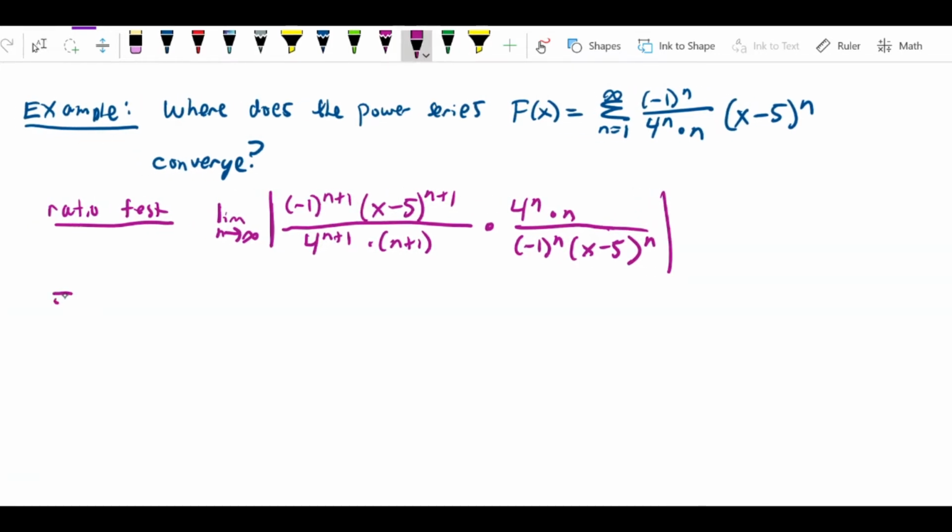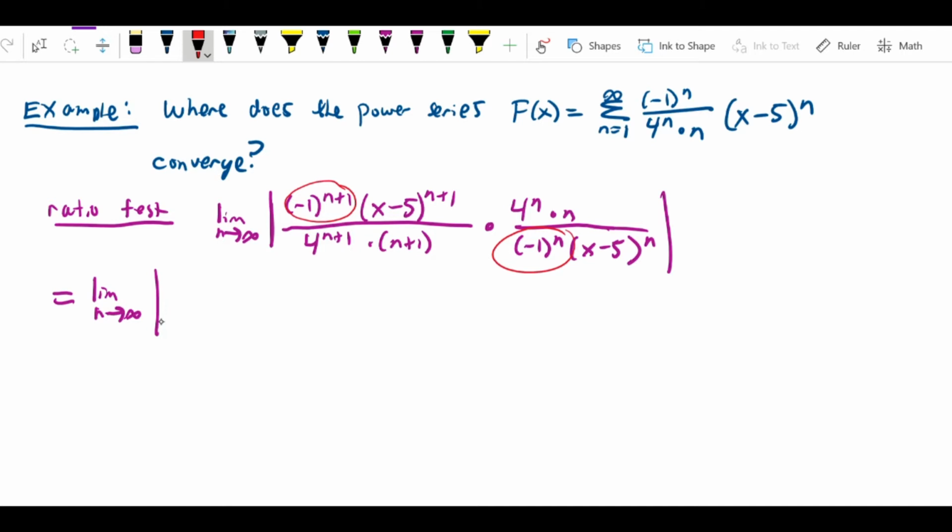What we want to do is simplify this a bit. So this is going to be the limit as n approaches infinity of, let me just combine like terms. The first one I want to do is the negative 1 terms. If I take negative 1 to the n plus 1 and divide it by negative 1 to the n, I just get negative 1. Which means that if I left it in here, everything inside the absolute value is going to get multiplied by negative 1.